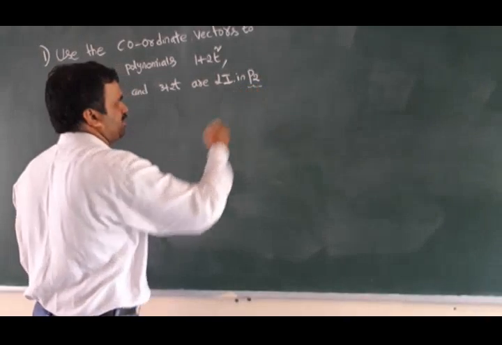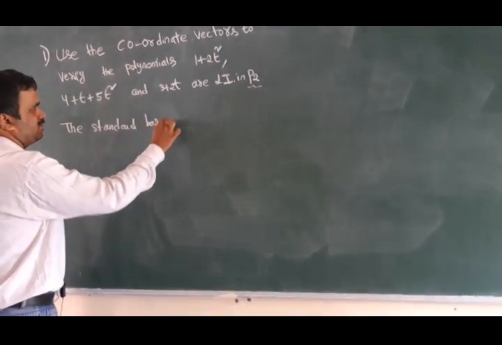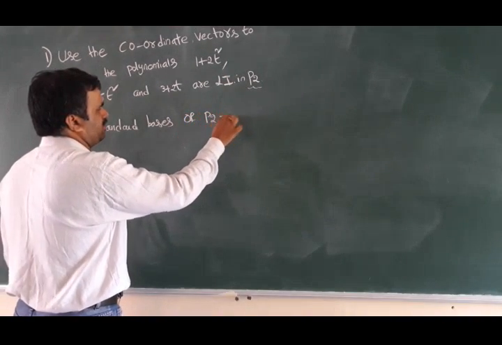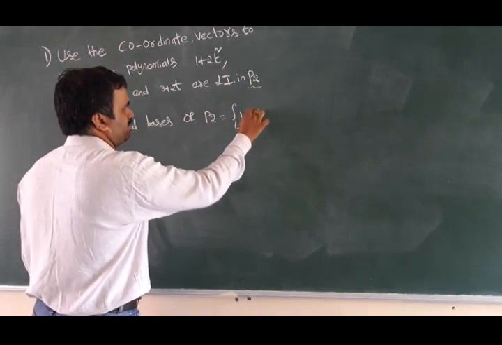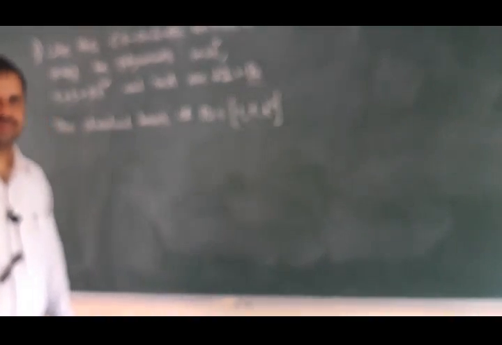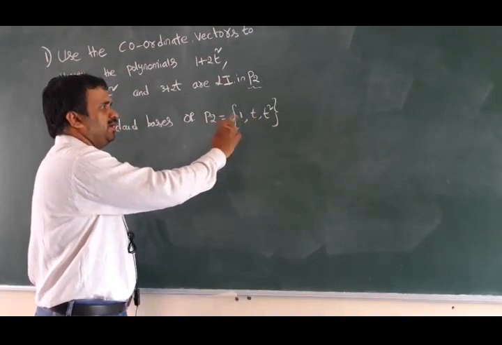Here the polynomial is given of degree 2. The standard basis of P2 equal to 1, t, t square. It is a polynomial of degree 2, so obviously it consists of t power 2, t power 1 and a constant.